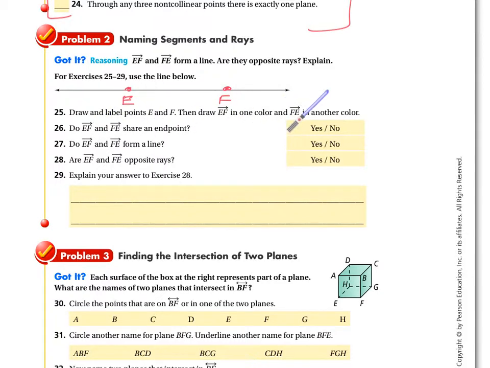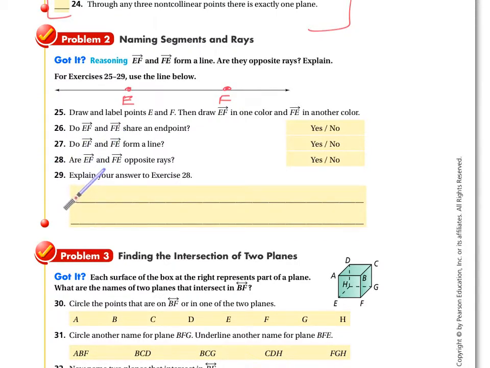It starts at E and goes through F. The second ray starts at F and goes through E. Opposite rays have to have the same starting point. Do these rays have the same starting point here and here? No. So these are not opposite rays.